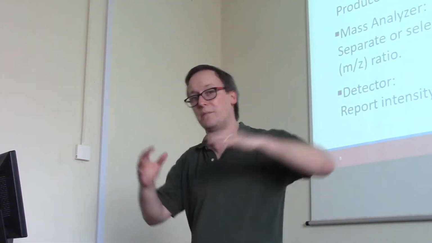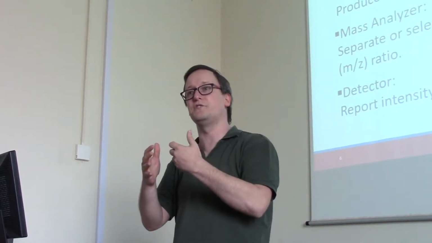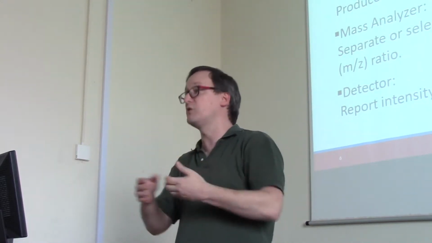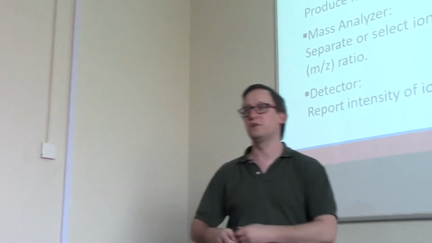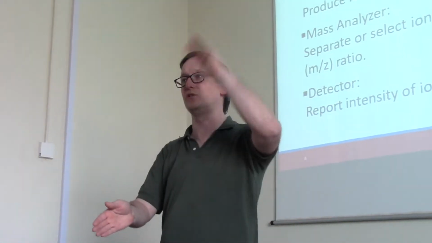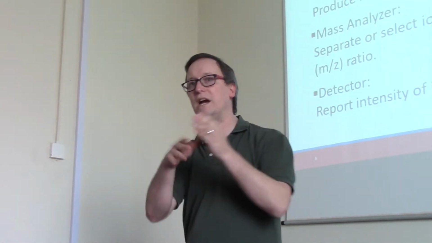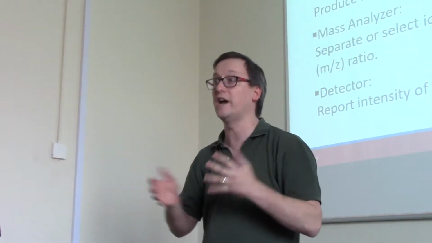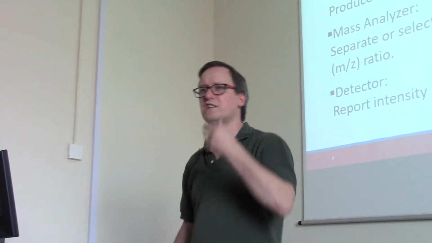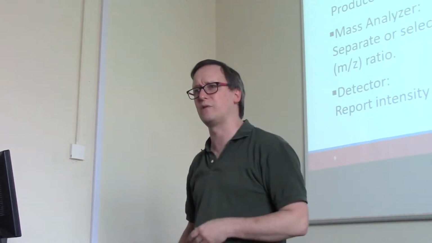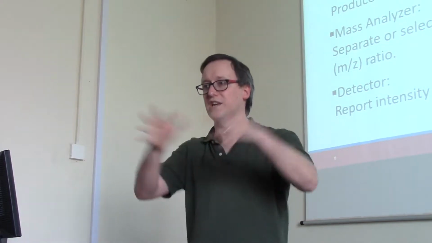And eventually, by this exponential increase in voltage, we are able to get a measurable current. So most detectors are going to produce a measure of how much electrical current was caused by the arrival of this packet of ions. That's a destructive detector. It's not the only kind, but I think it's one that's pretty easy for everyone to get their heads wrapped around. The arrival of ions kicks off a voltage.